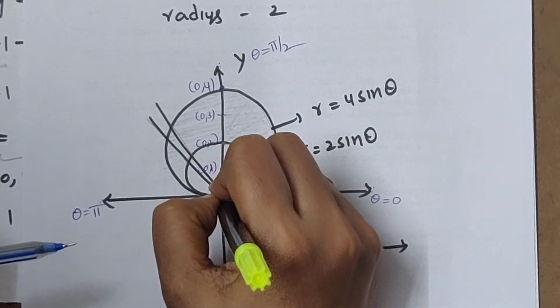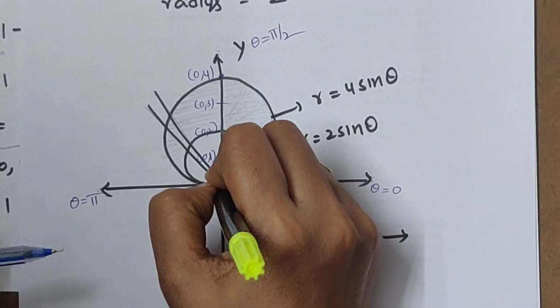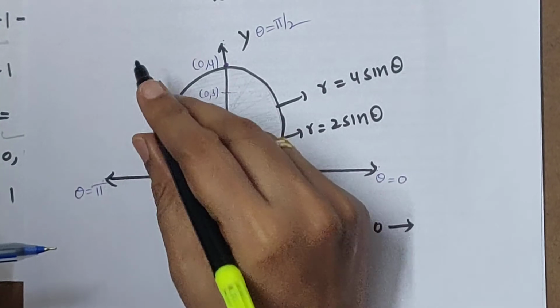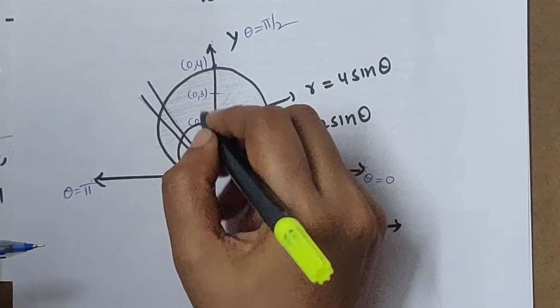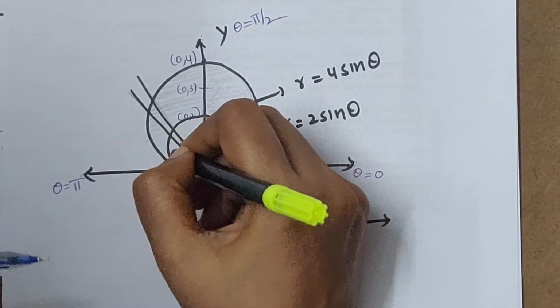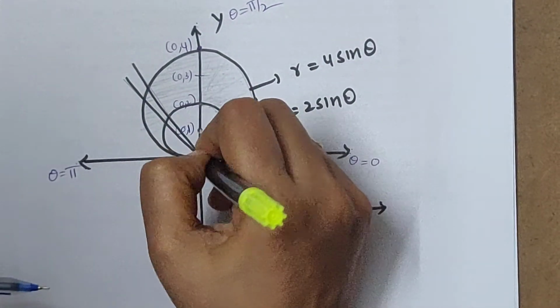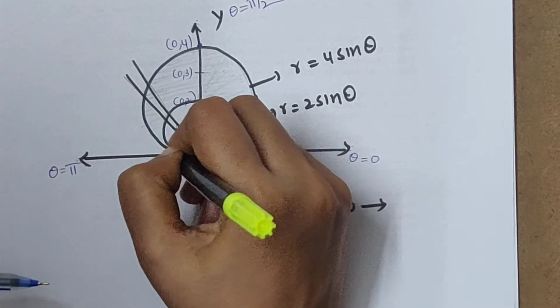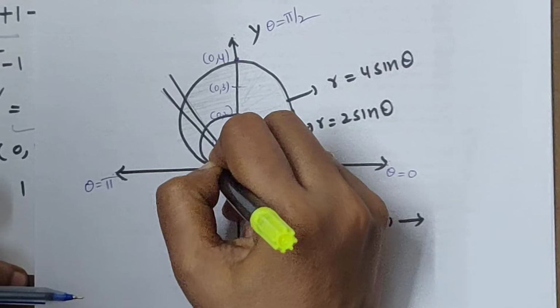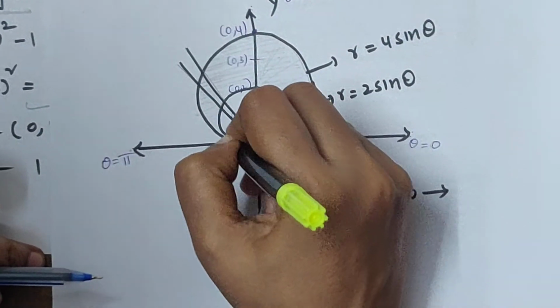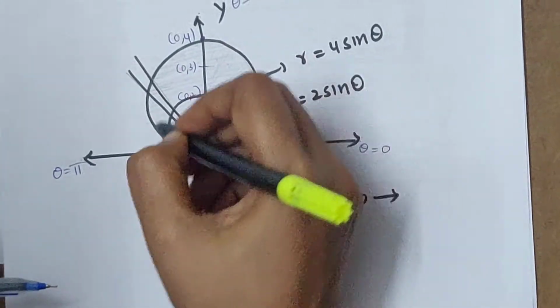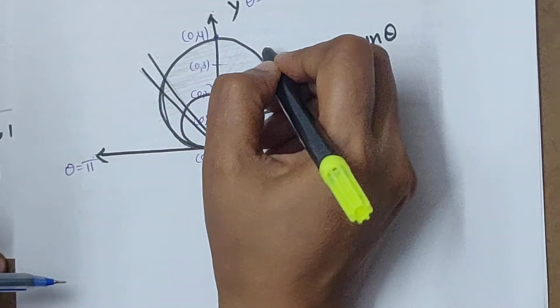Clearly, the region of integration doesn't include the pole. One boundary of the region of integration is the inner circle, another boundary is the outer circle.